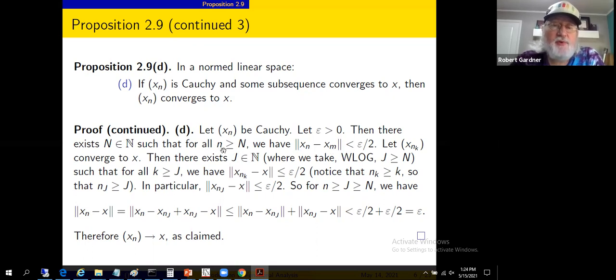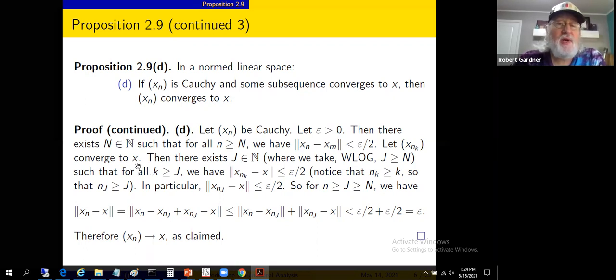There was a little typo there; it should read all m and n greater than or equal to capital N. We have this behavior, the definition of Cauchy. We've taken that small number to be epsilon over 2 for the given epsilon, but that can be done as well. Let x sub n sub k be a subsequence of this sequence that converges to x. That's what we're hypothesizing. We want to show that the original sequence also converges to x.